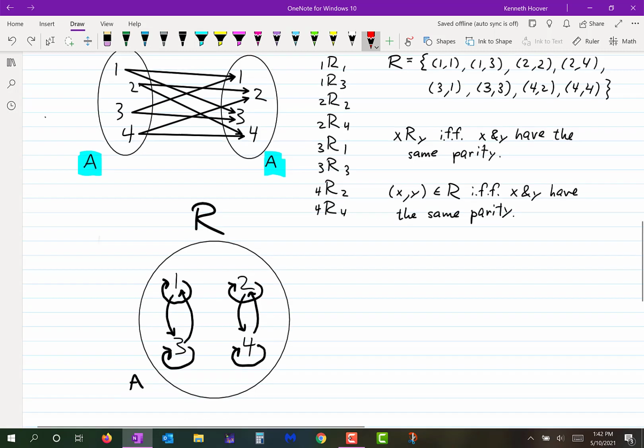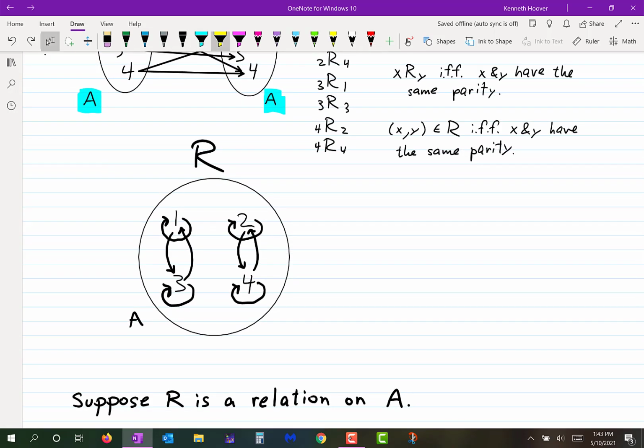Another way to do that is to look here for reflexivity. You look to see if every number is related to itself, and it is, so that means it's reflexive. For symmetry, you have to see if every arrow can be reversed. And they can.